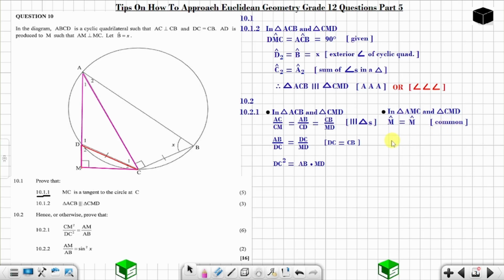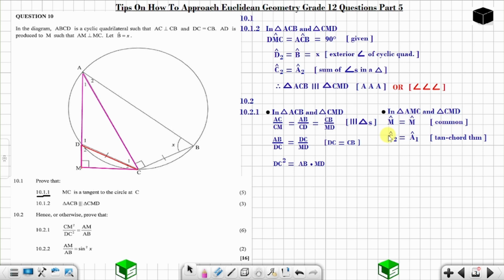And angle C2 is equal to angle A1. The reason is the tan-chord theorem. Remember from the previous question 10.1.1, angle C2 is equal to angle A1 because of the tan-chord theorem. Now you have two angles in one triangle equal to two angles in another triangle.